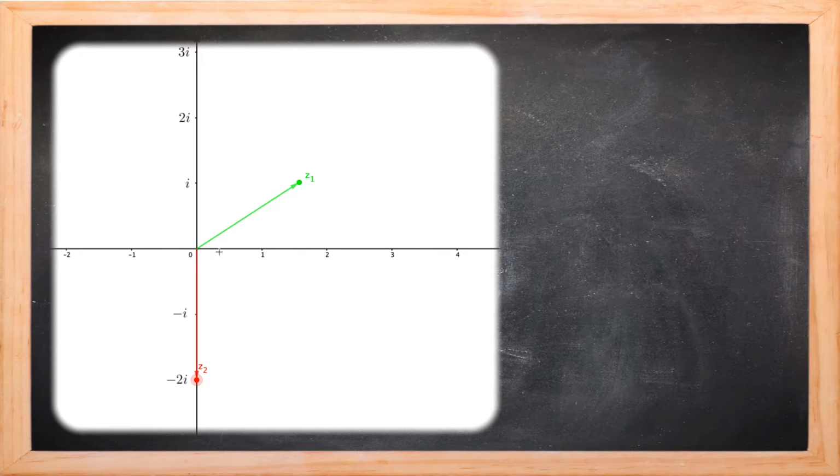And this time the argument of z2 is negative pi upon 2, so we'll probably get the additive inverse of that, which is positive pi upon 2, for the rotation. So let's check if that's the case, and I think we've been proved right there.